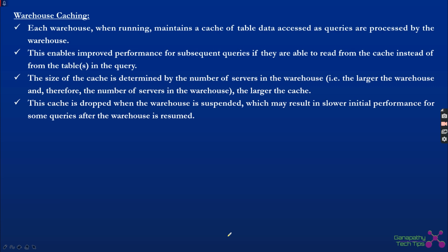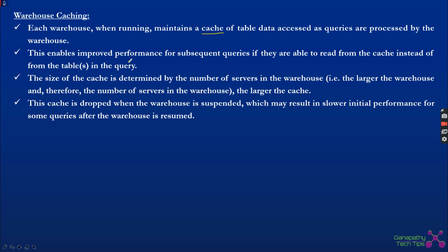As we discussed, a warehouse is all about computational power, right? Each warehouse, while running, has some sort of memory or storage within itself where the query results are cached. So if I fire a query against a table, the query results are cached on the specific warehouse.